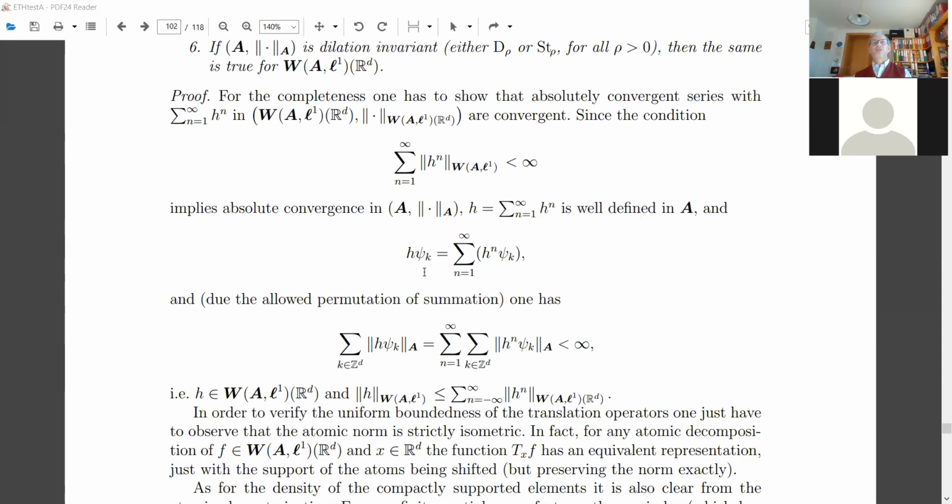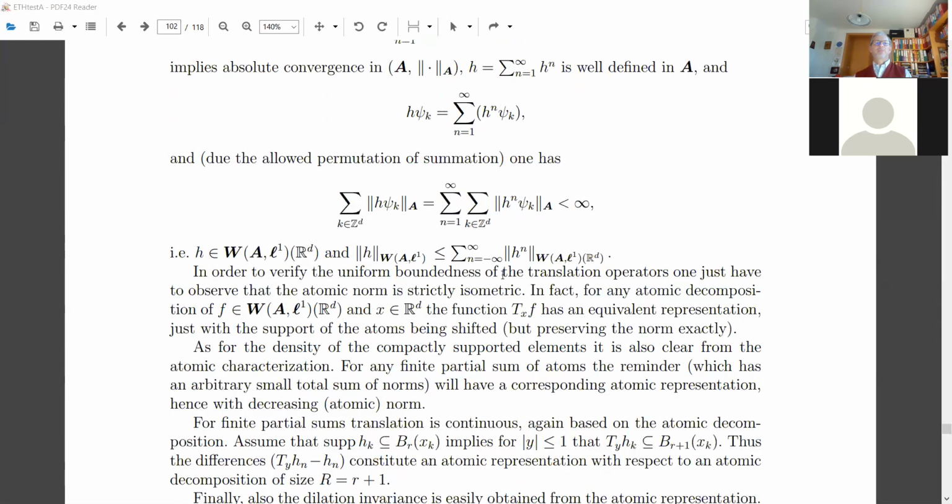And the localization, the sum of the pieces, here you have a double sum, and you fix the position and add up over all the contributions, is of course the same as the infinite sum in brackets multiplied with psi k. The finiteness is actually a finiteness of this double sum, so you can interchange the order. So for every fixed k, at every place, the sum is absolutely convergent and you can control it, and in this way you get the completeness.